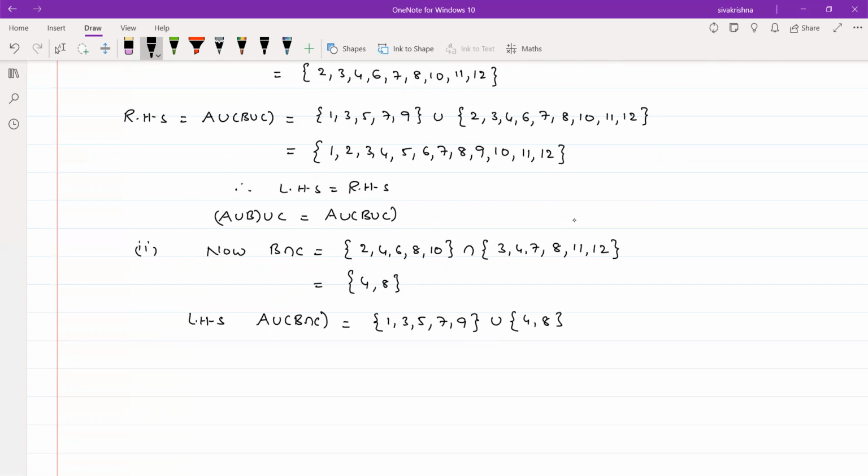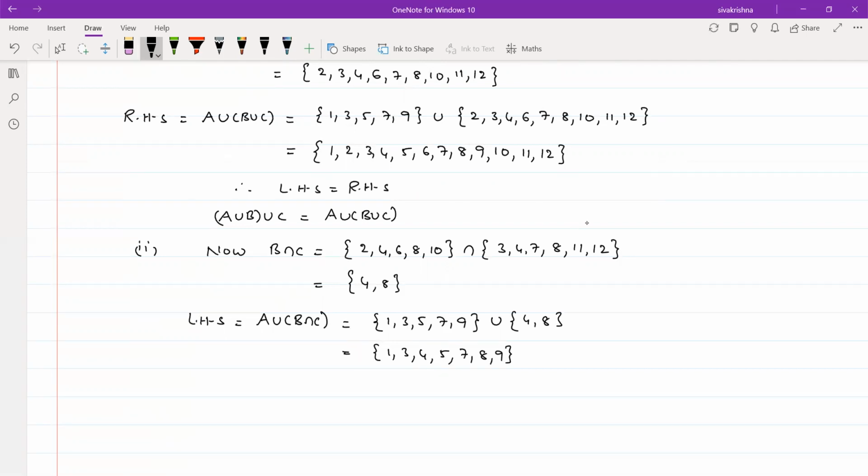Just now we found B intersection C. Once again we write the union of these two sets, so that we get 1, 3, 4, 5, 7, 8, 9. So this is the LHS value in the second bit.